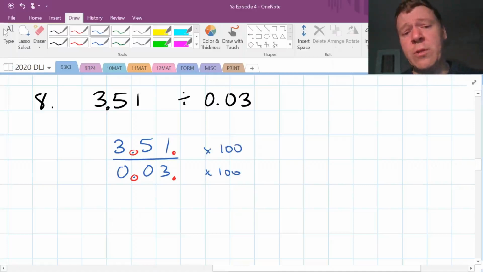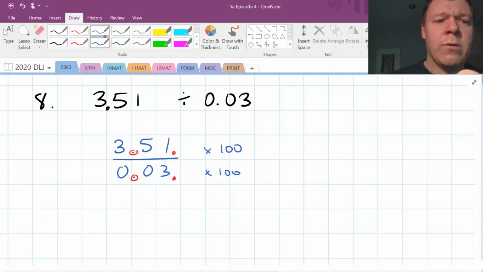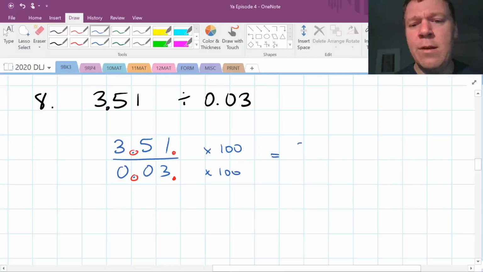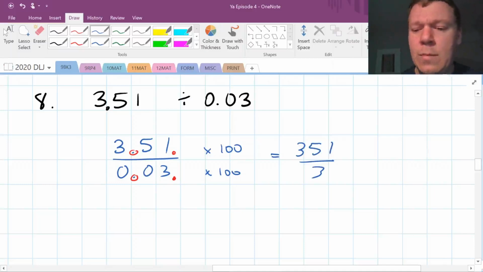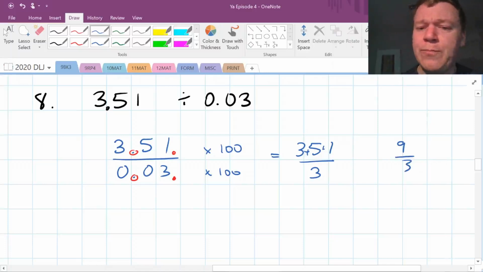And when you multiply the top and bottom by the same amount with a division problem, it doesn't change anything. So what we end up with is 351 divided by 3. And if you remember back to when we were in school, if you add these digits together, you get 9, which is divisible by 3. So this number should evenly divide by 3.